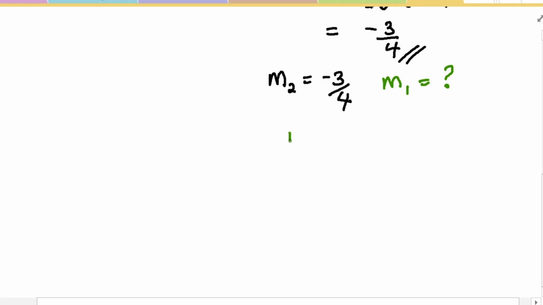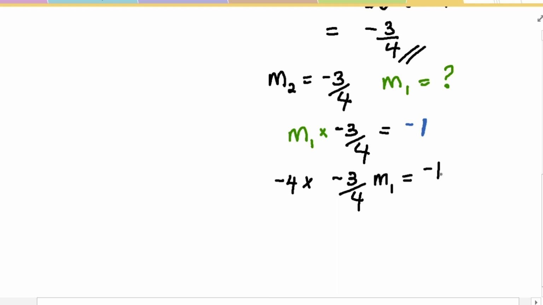In other words, the gradient of the green line multiplied by the gradient of the black line should give you -1. So we're trying to find the gradient of M1. Like saying -3 over 4 times M1 is giving us -1.